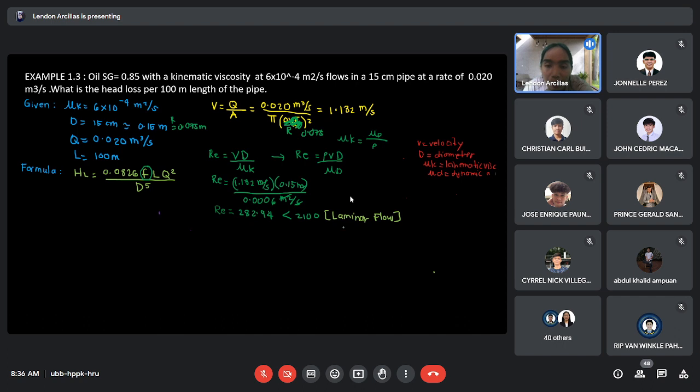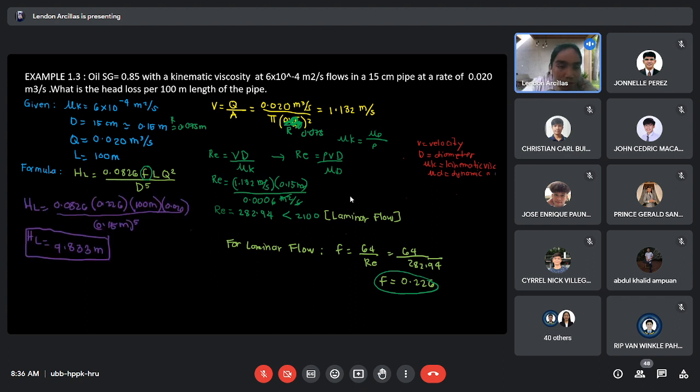For laminar flow, you'll use the formula 64 over the Reynolds number. You'll get the F, and once we have F, we have the head loss. So substitute the value of F in the formula: 0.0826 times the value of F times 100 length times the discharge of 0.020 squared over the diameter of 0.15 raised to 5.